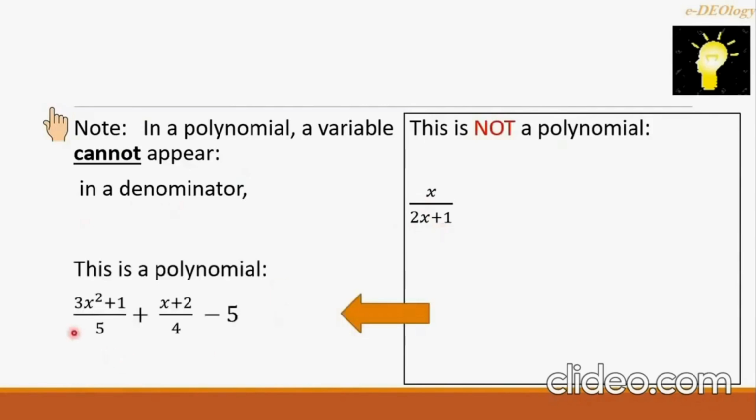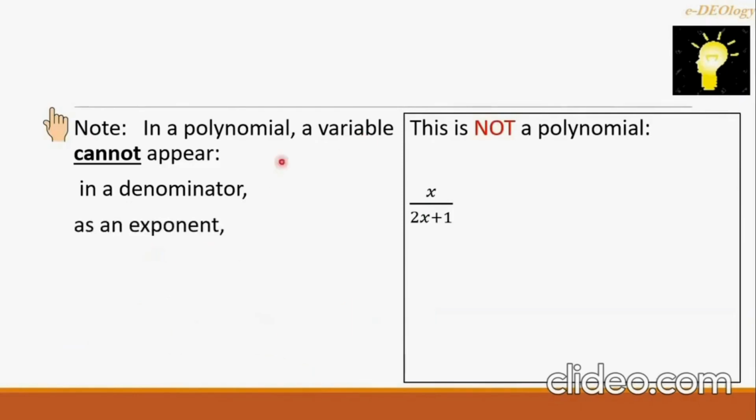In this example, 3x squared plus 1 all over 5 plus the fraction x plus 2 over 4 minus the constant 5, this is a polynomial. It is true that there is a fraction, but in the denominator there is no variable. So this is a polynomial.